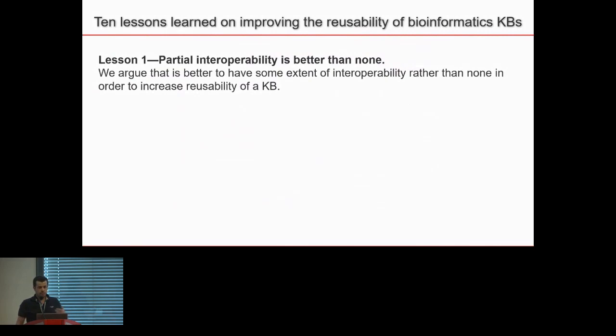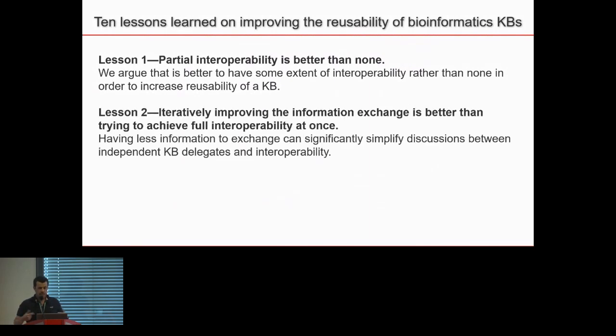Instead of trying to do everything at once, this leads to the second lesson learned: it's better to improve over time. This idea of iteratively improving the information exchange is better than trying to achieve full interoperability at once. Why is that important?